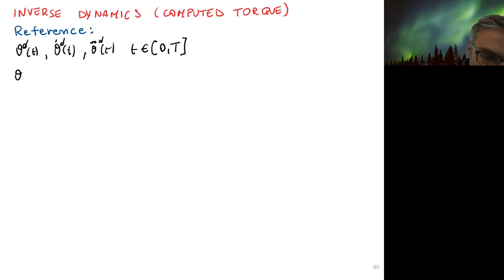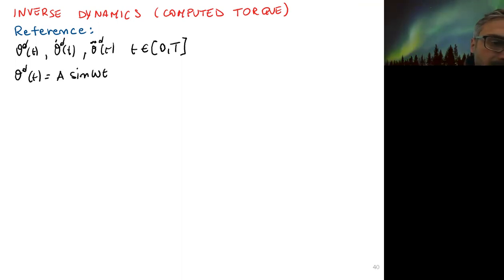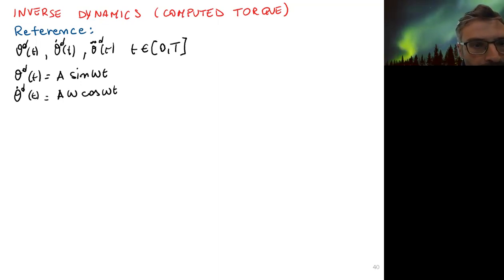Then let's say our desired trajectory is sinusoidal with amplitude A and angular frequency omega. If we also want to define the velocity, we want to be consistent, so we need to take the derivative of this, and it becomes cosine of omega t times the argument, which is omega. Then same for the acceleration.